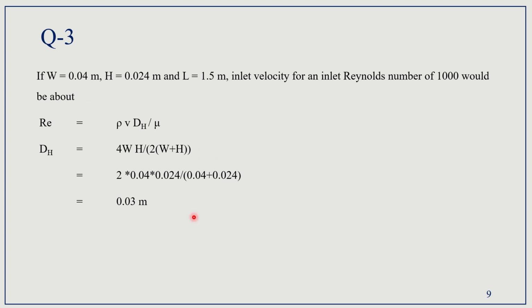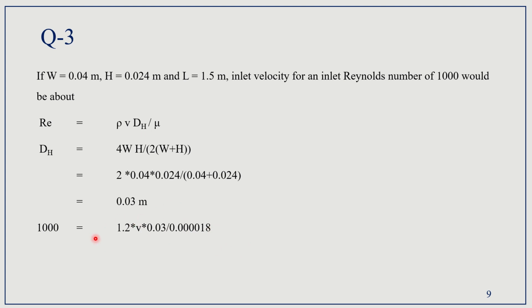If you have any confusions, I'll give you half a minute after this particular problem, so you can see the calculation and confirm if you want to recalculate it. Now we know the Reynolds number is 1000, and density of air is 1.2 kg per meter cube. V is unknown, the hydraulic diameter we calculated as 0.03, divided by viscosity of air, which is 1.8 into 10 power minus 5.